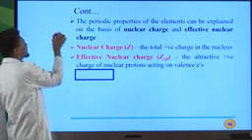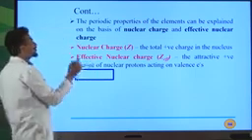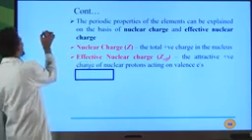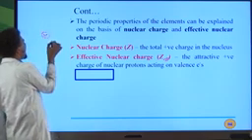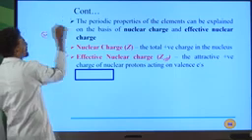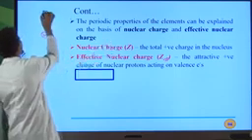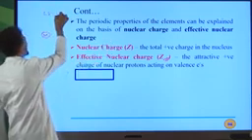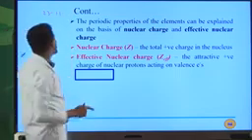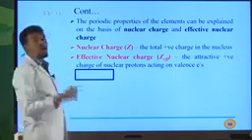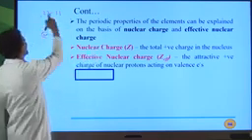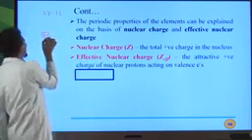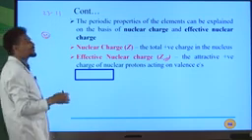This is the nucleus. In the nucleus we have 11 protons and also neutrons. For example, the mass of sodium is 23. 23 minus 11, atomic mass minus number of protons, or atomic number, gives you the number of neutrons for that atom. So 23 minus 11 is 12. We have 12 neutrons in the nucleus of the atom.